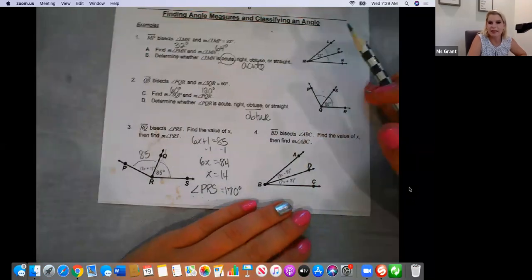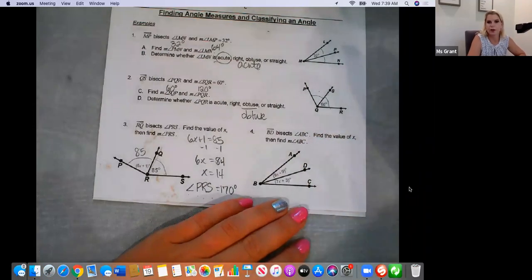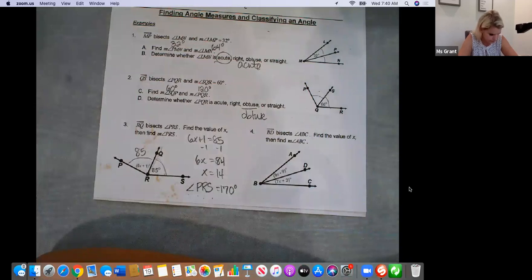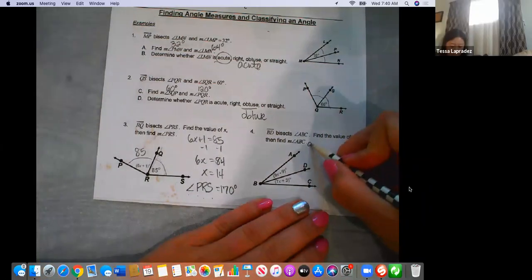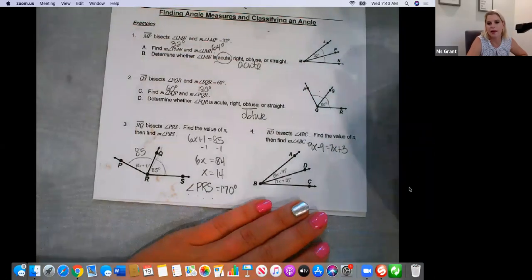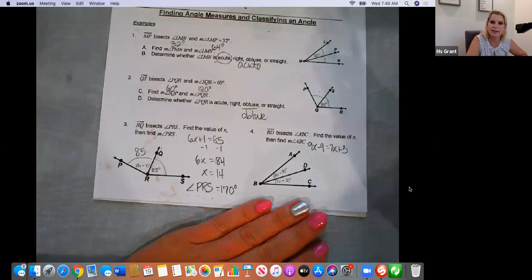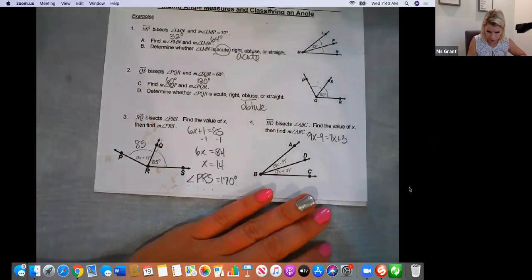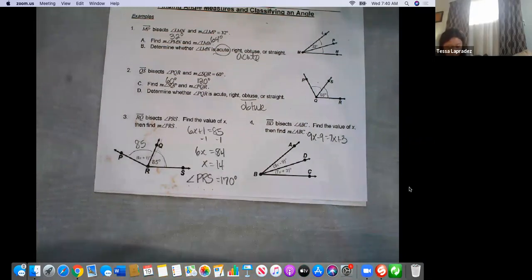BD bisects ABC, half and half. Okay, I've got to find the angle and then I want to know the whole thing. So Tessa. 9x minus 9 equals 7x plus 3. Yes, ma'am. And then combine the x's, combine the 9 and 3. Do you want to still help me, Tessa? Oh yeah, sure. Okay. So you subtract 7x from both sides.